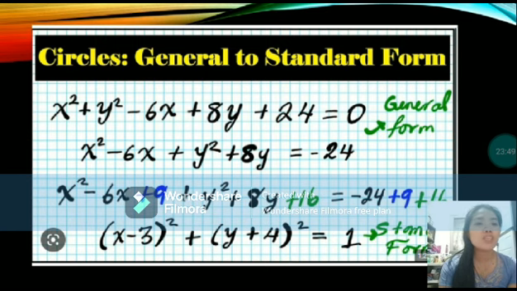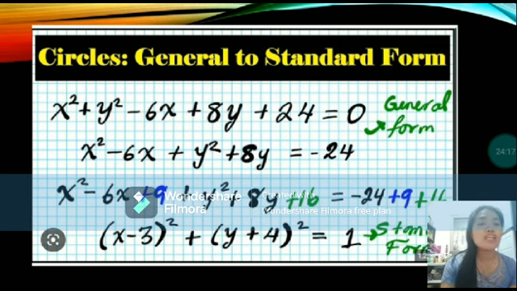Then what we're going to do is we are going to arrange similar variables. So x squared followed by minus 6x, then plus y squared, so rearrange the terms, then followed by plus 8y is equal to negative 24. That positive 24 is being transposed to the other side, so it becomes negative 24 on the right side.